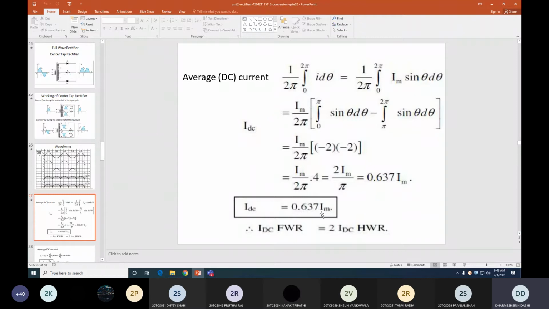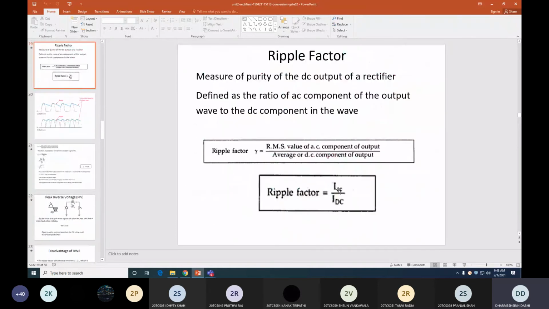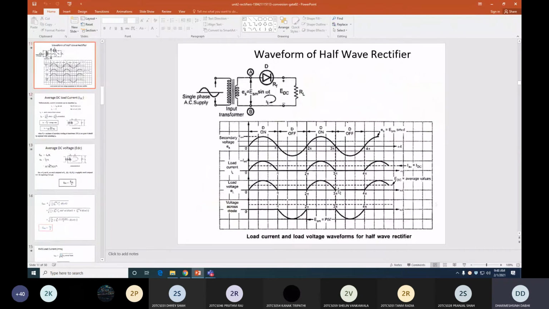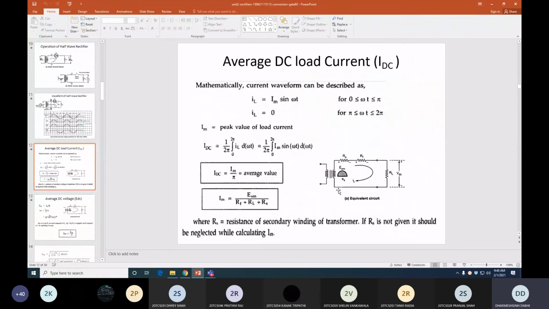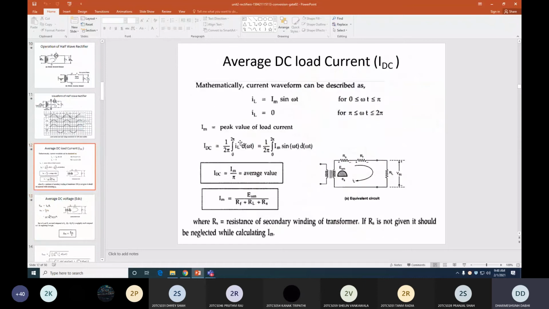If you see the average DC current of the half wave rectifier, you get only Im by pi. We saw the derivation in the last lecture: the average DC current IDC for the half wave rectifier is Im by pi.